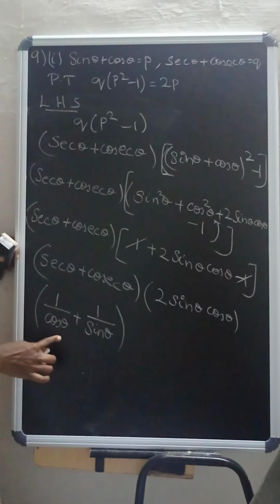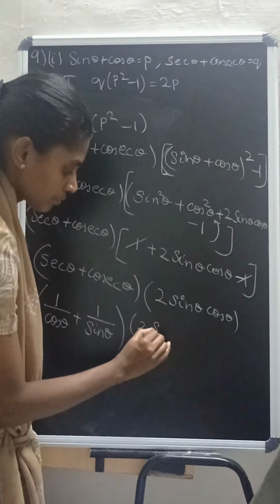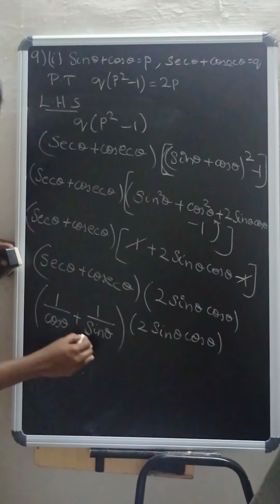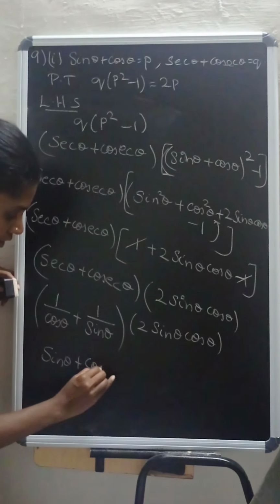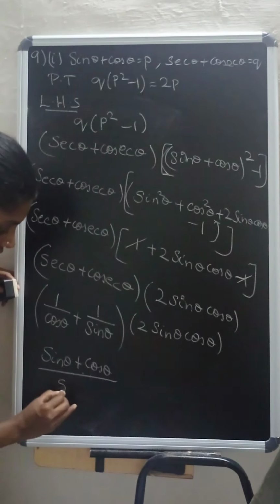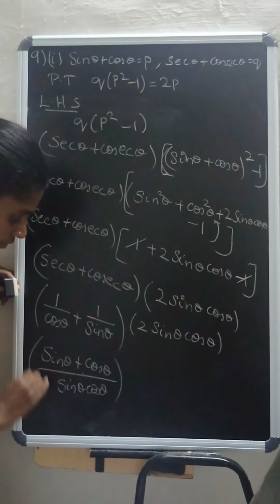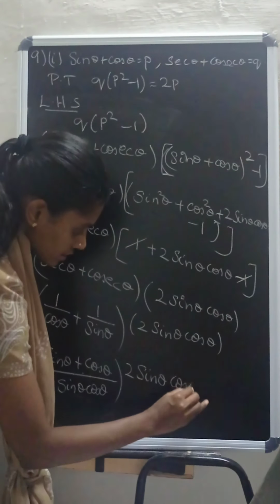So secant theta is 1 by cos theta, cosecant theta is 1 by sin theta. Sin theta cos theta. Now take LCM. Sin theta plus cos theta divided by sin theta cos theta into 2 sin theta cos theta.